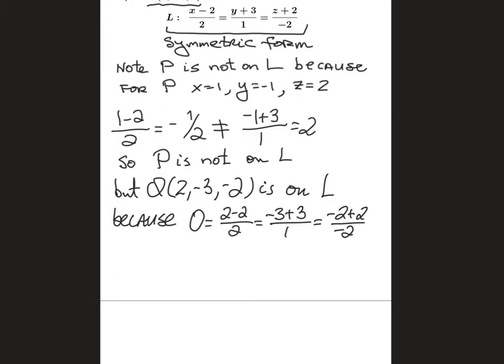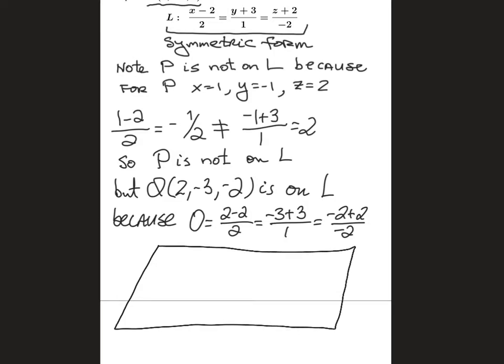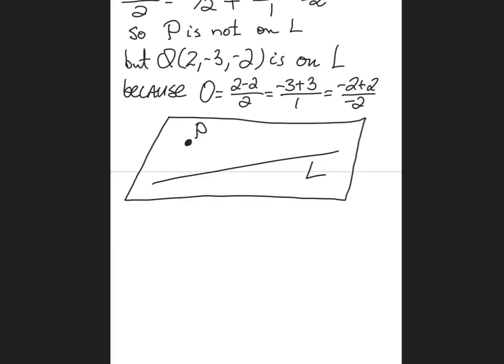So having done this preliminary work, let's take a look at what we have. Since P is not on L, we can draw a picture something like this. Here's P and here's L. Together, a line and a point not on the line determine a unique plane.